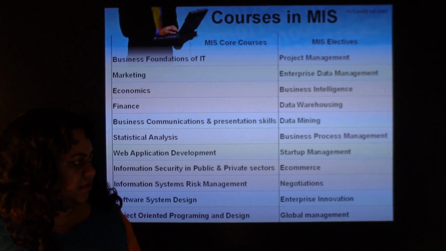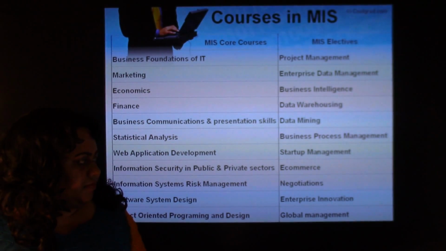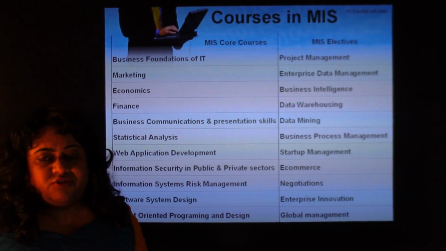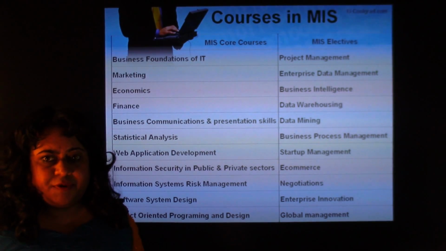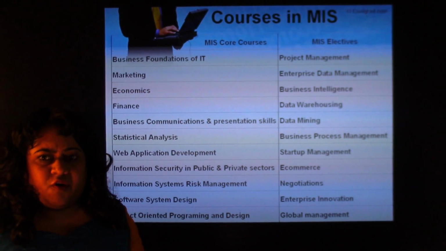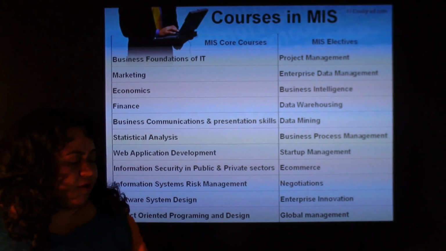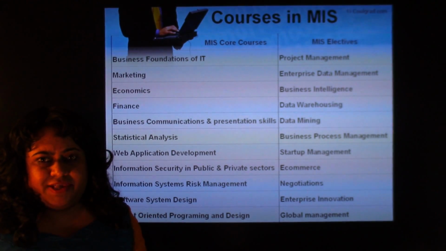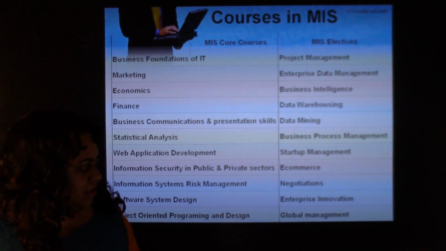Enterprise innovation. It's about doing new things in a company and introducing new products, new services, and what the pros and cons are, what you can do, what you cannot do. It overlaps a little bit with marketing. It's about finding ways to improve an enterprise.